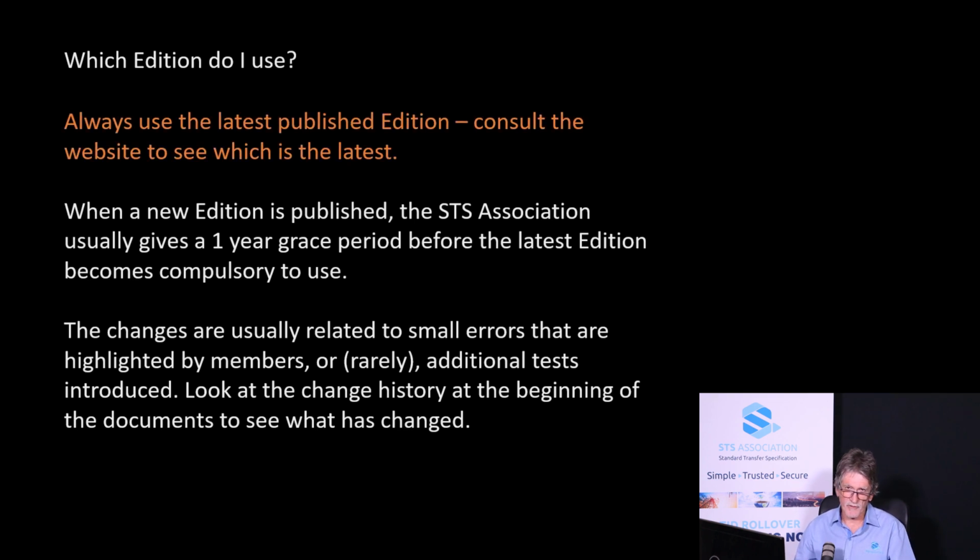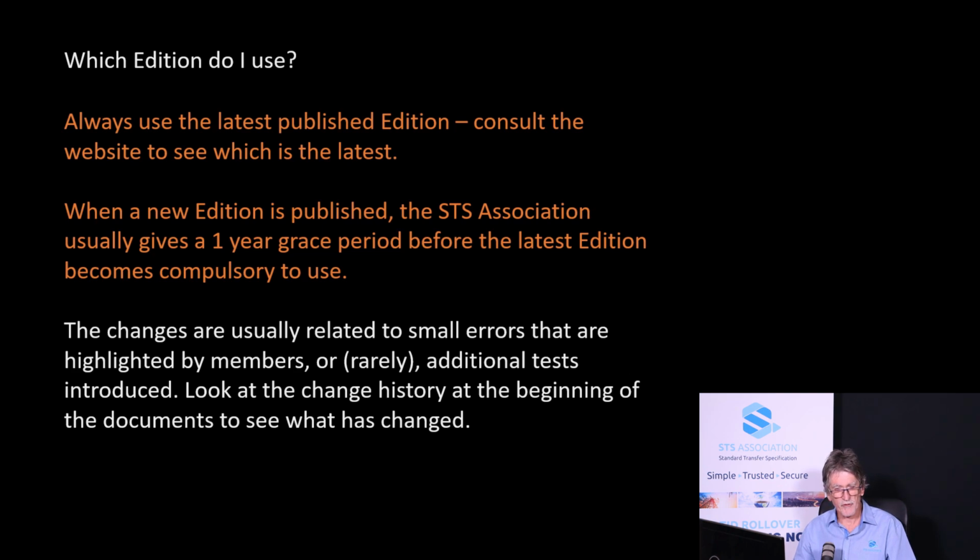Which edition of the documents do I use? Always use the latest published edition. Consult the website to see which is the latest. When a new edition is published, the STS Association will usually give a 1-year grace period before the latest edition becomes compulsory to use. So if you're in the middle of development and you're working on, say, 1.9.4, and 1.9.5 is published in June, the same month, you can still use 1.9.4, finish your development and get your product certified.